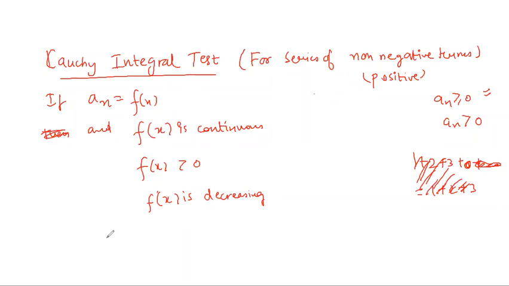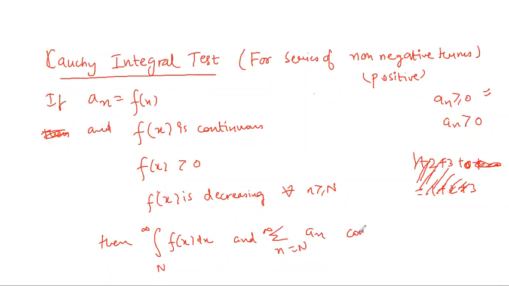decreasing. Then we say the integral of f(x) dx from capital N to infinity, for all n greater than or equal to N, and this series a_n behave alike, or they converge or diverge together.